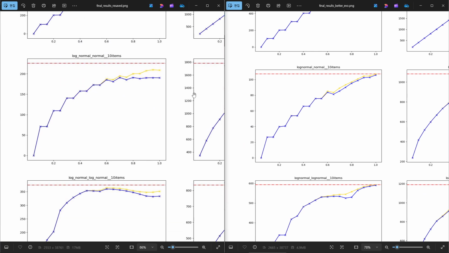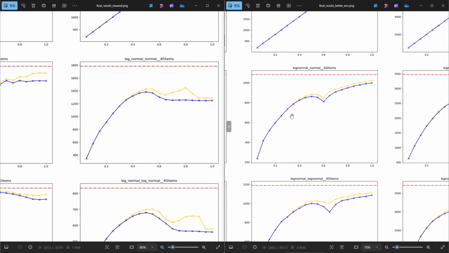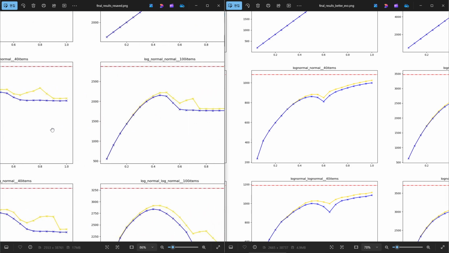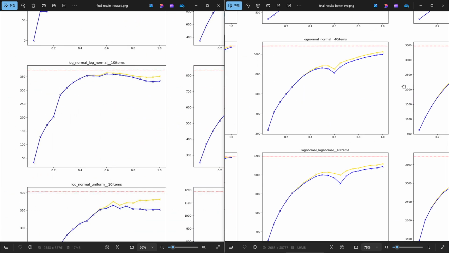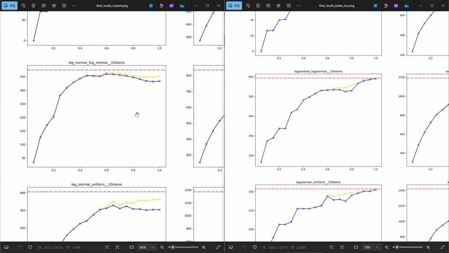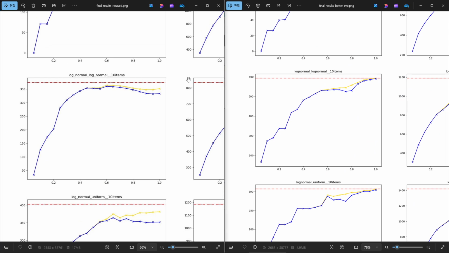Log normal, these steps for 40 items, yep. For 100 items, that's kind of pretty. Log normal. Notice how I changed the spelling for log normal, because it makes my life easier. Log normal, yeah, we have these steps.